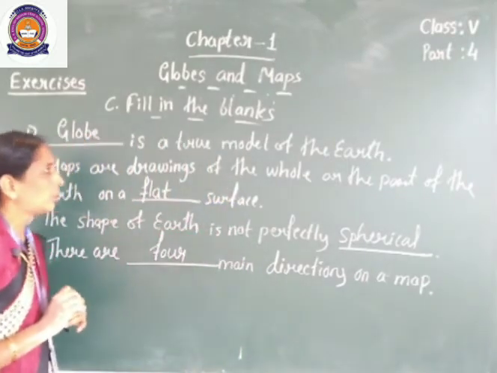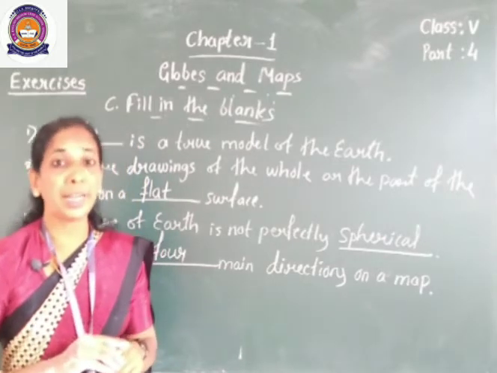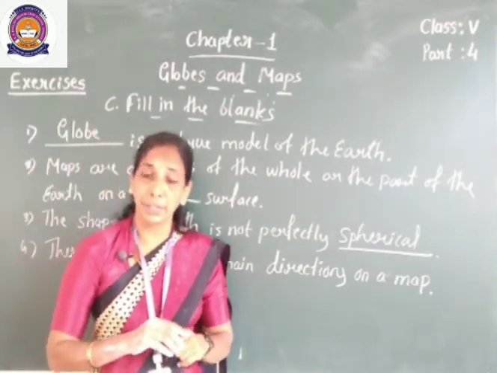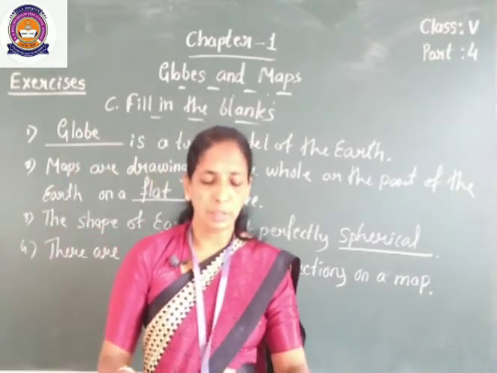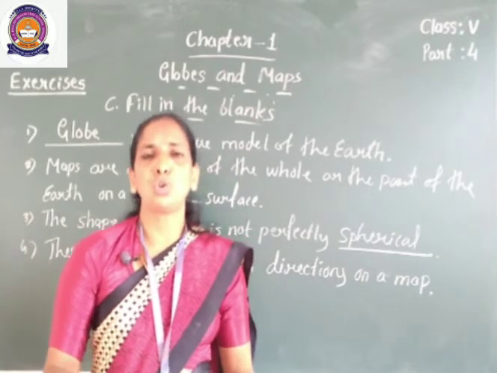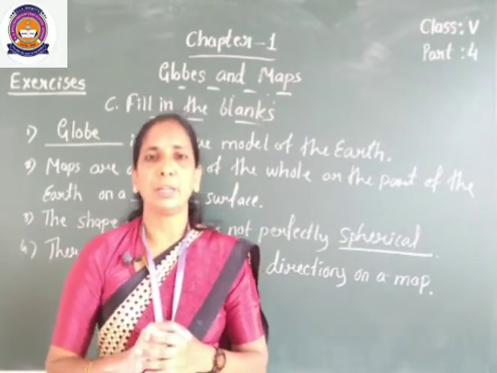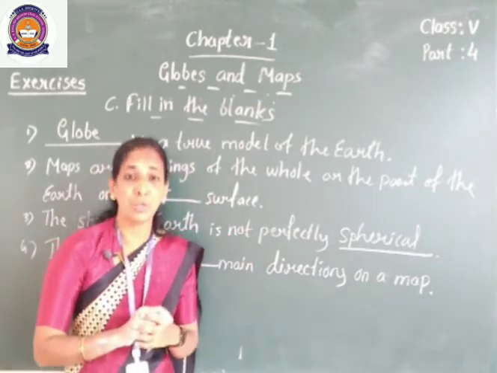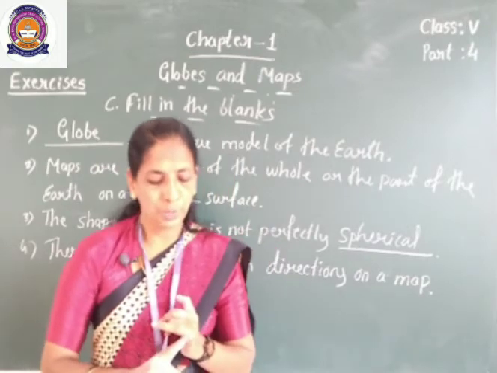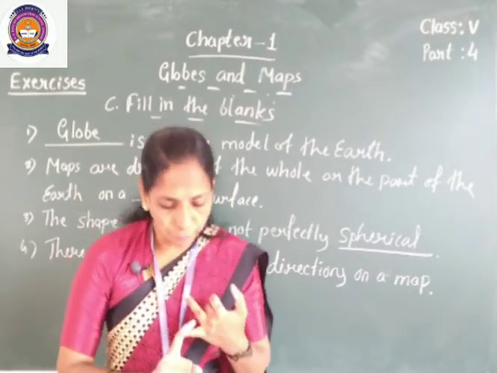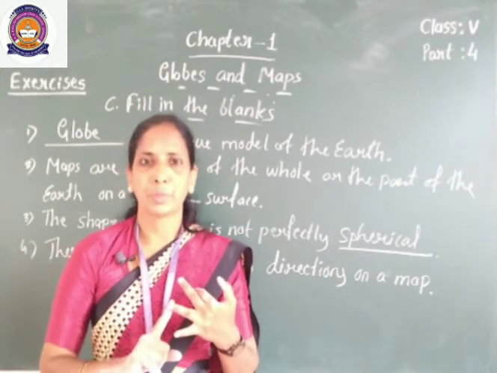Okay students, today's exercise part, match the following and fill in the blanks, is completed here, but once again I am explaining all these. See here, question number 2, that is question B. Match the following. Drawing of the earth, the answer is map.